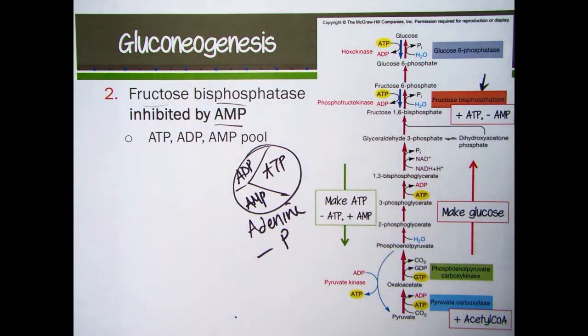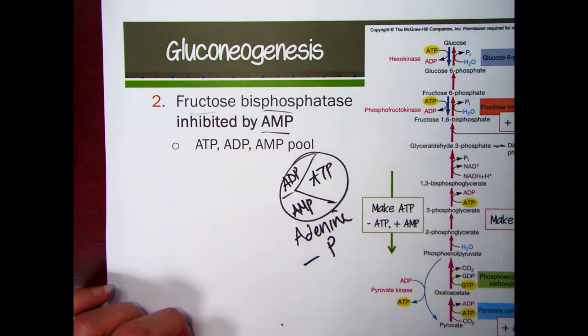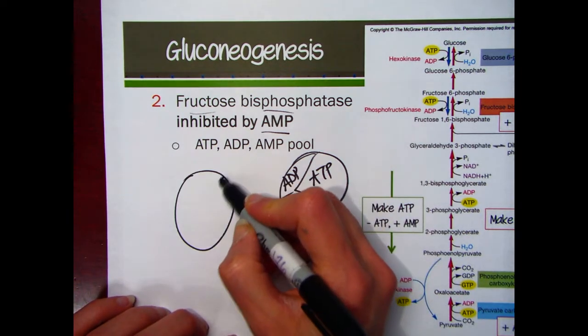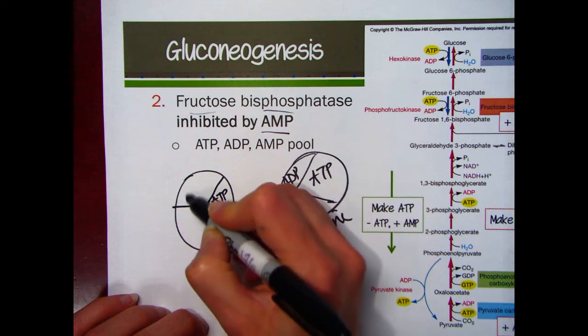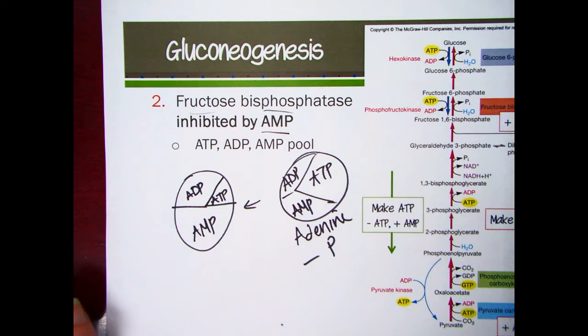This is like normal fractions. So the cell is fine if it has lots of ATP. Woohoo! The cell is in a pickle if the amount of ATP is very small, but the amount of AMP, adenine monophosphate, is giant. Adenine monophosphate does not carry a ton of energy because most of the energy is stored kind of in between the phosphates.